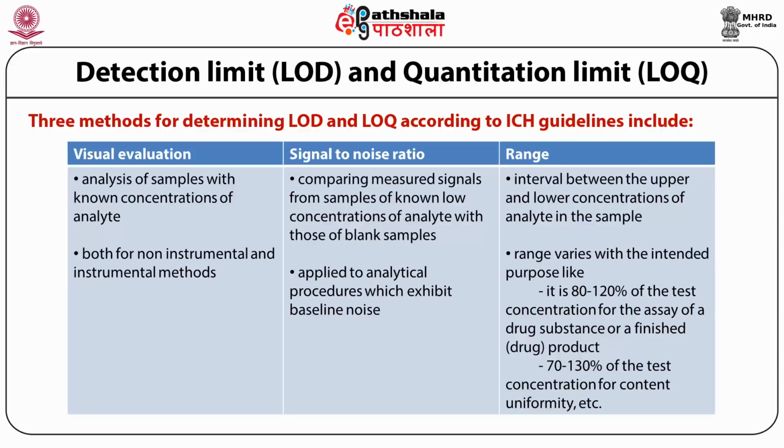The range of an analytical method varies with its intended purpose. It can be 80 to 120% of the test concentration for an assay of a drug substance or a finished drug product. It can be 70 to 130% of the test concentration for content uniformity, and plus or minus 20% over the specified range for dissolution testing.